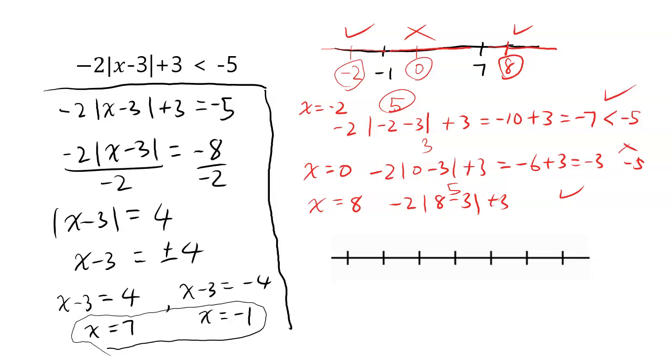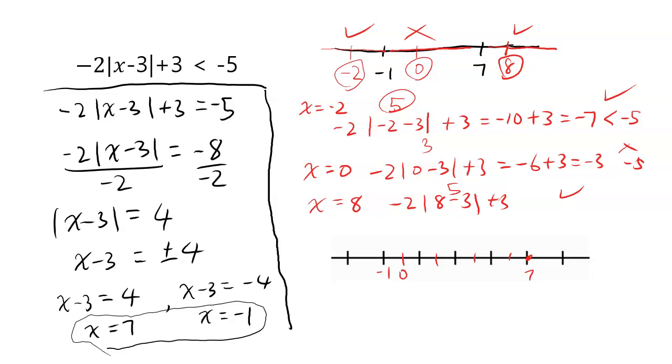And that means here, let's just say this is -1. We'll divide this. Let's say this should be 0, 1, 2, 3, 4, 5, 6, 7. This is 7. We don't have to put all these numbers there. I'm just going to erase these. So here's 7, here's -1. And what we want is the interval.